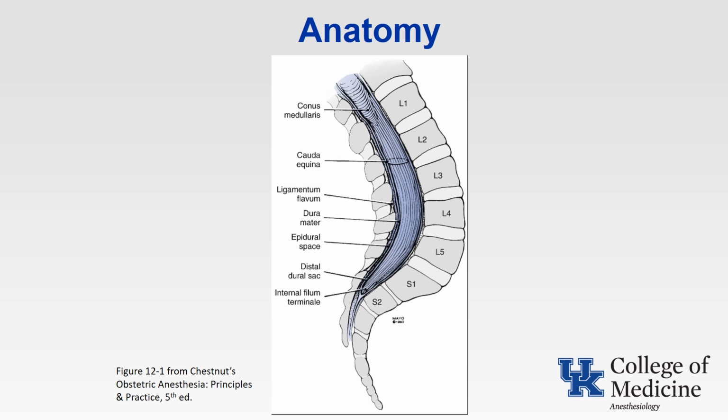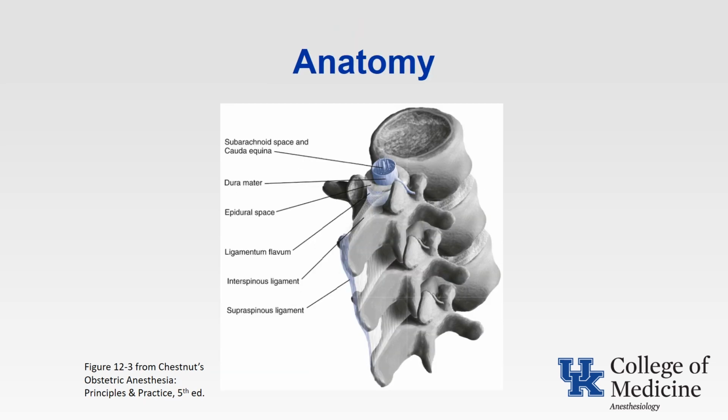In terms of doing your procedure, let's take a look at this picture, which I think is a lot easier to visualize where you're going with your epidural or your spinal needle. You will first, as you palpate the interspaces, decide what level you want to go at based on what you're doing the epidural or spinal for.